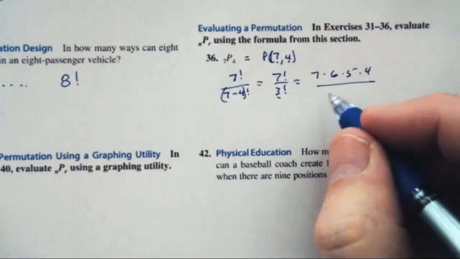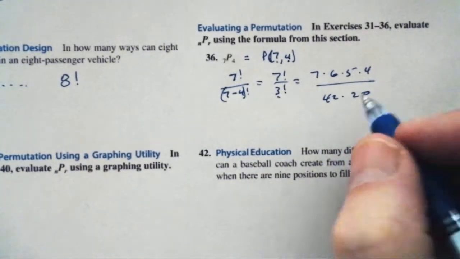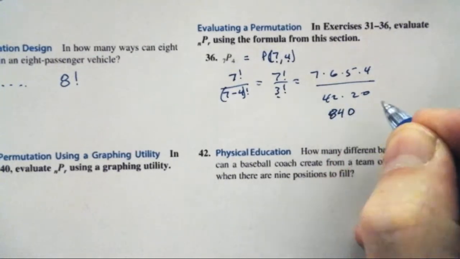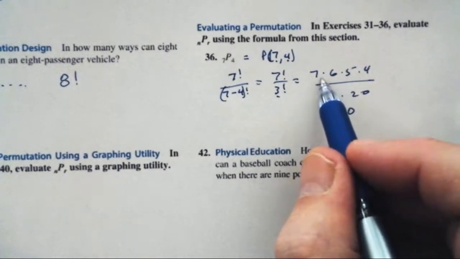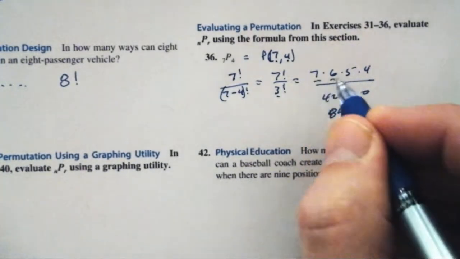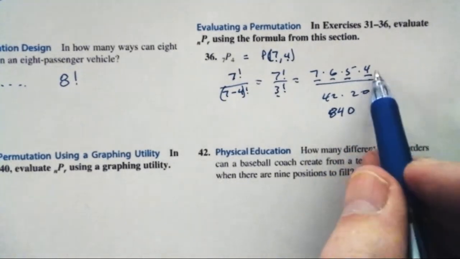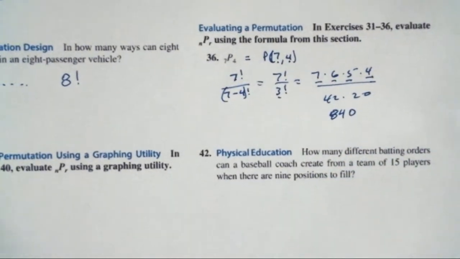So let's see, that's 42 times 20. That's 840. And that would do it. The permutation length 4: 1 entry, 2 entries, 3 entries, 4 entries. Coincidentally, it just happens to start at 4.